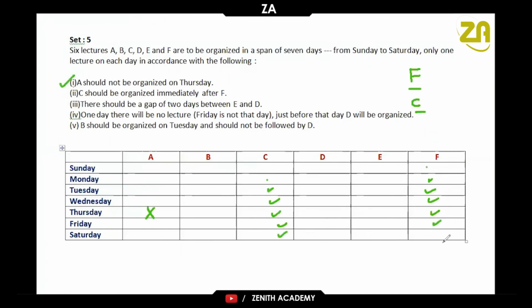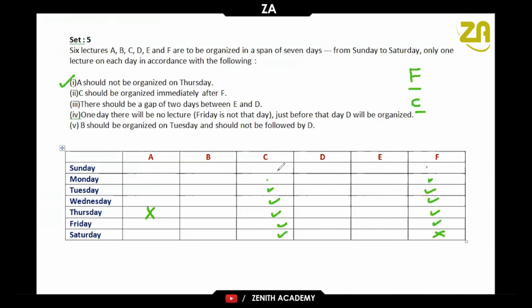But you see, you cannot take F here. Because if lecture F is on Saturday, then lecture C is going to be arranged after finishing the program, which is not a desirable case. So it is 100% sure that lecture F cannot be held on Saturday. Correct?